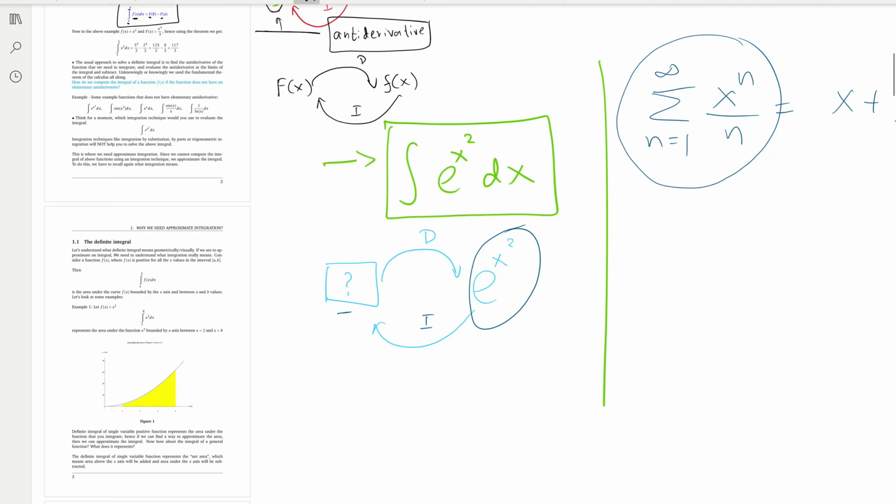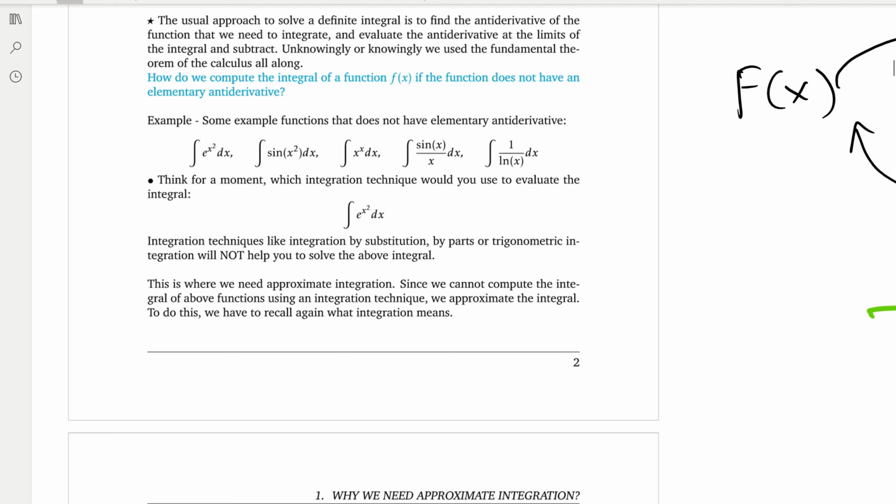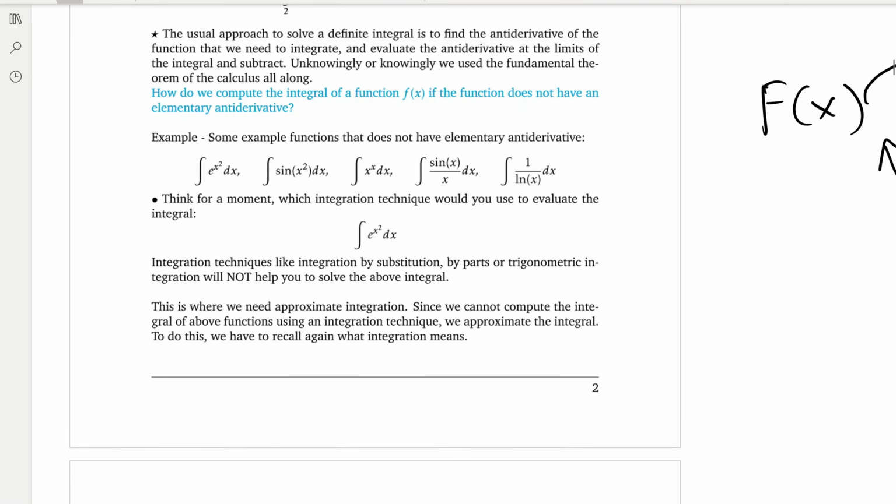The antiderivative of e to the x square is not simple. Possibly you cannot write it down. That's the problem. There are functions in this world where it's impossible to find an antiderivative. So then what can you do? How do you integrate them? These are some example functions where it's impossible to find an antiderivative.